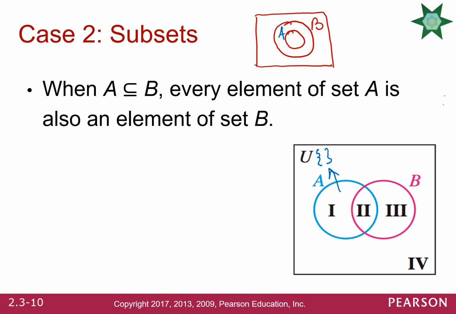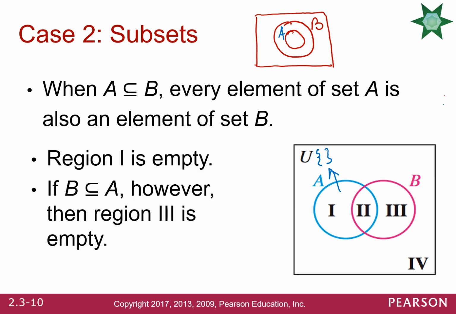All the values that are common would be in region 2, and then in region 3 there would be values which are not present in set A. So when we talk about subsets, region 1 would be an empty set.